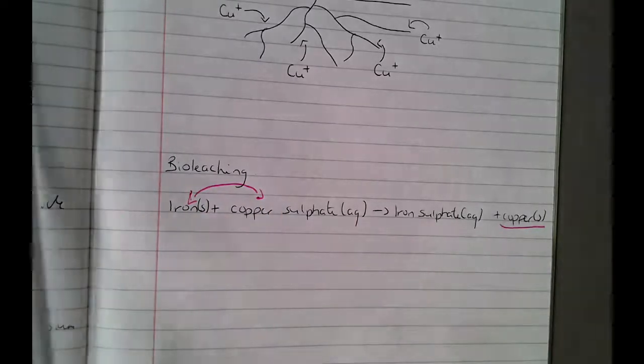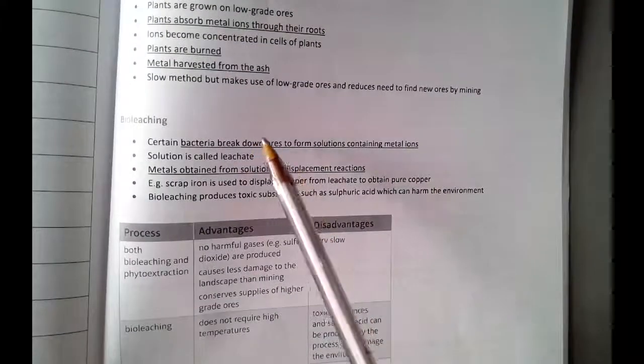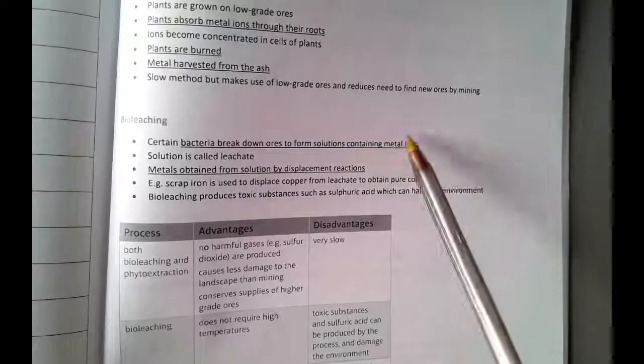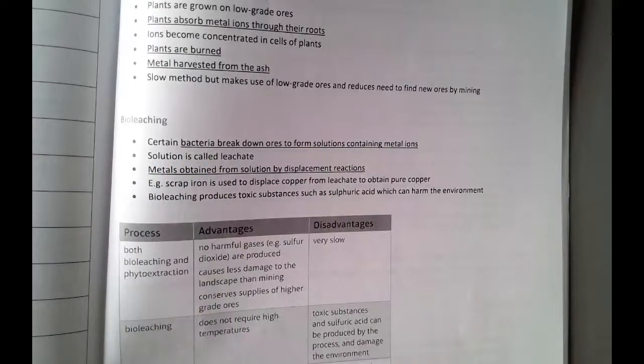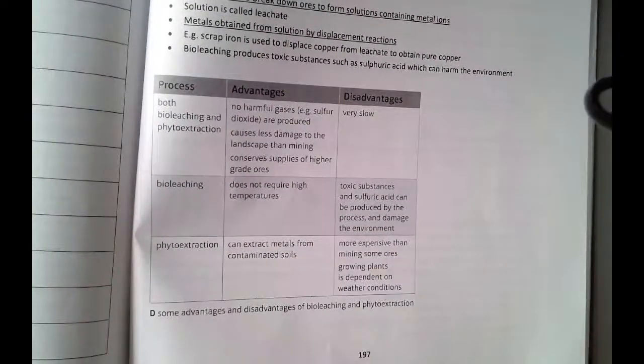So that's bio leaching. It makes use of bacteria. Again, you would need to mention that bacteria are breaking down the ores containing metal ions. Again, you're talking about ions, and then you obtain these metals from solution by displacement reactions. You need to know the advantages and the disadvantages of bioleaching and phytoextraction.